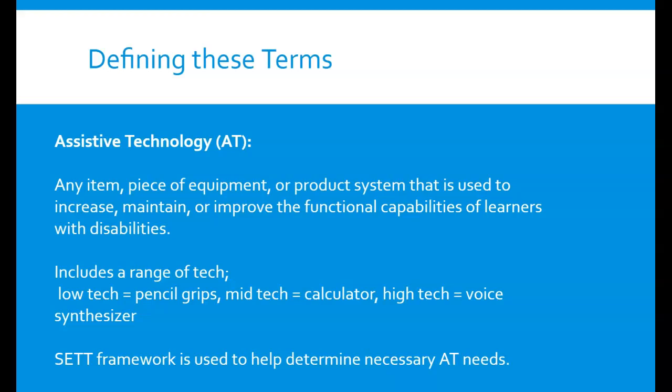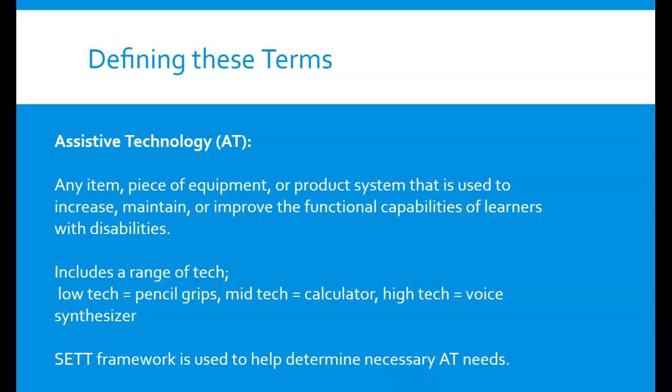When we include it in the IEP, we are saying that this student requires this in order to have access to a specific area. So for example, we might have a lot of students using calculators. But if a calculator is not necessary for them to access the curriculum, then we don't need to put it under AT. We could put it under an accommodation, which we'll talk about next.